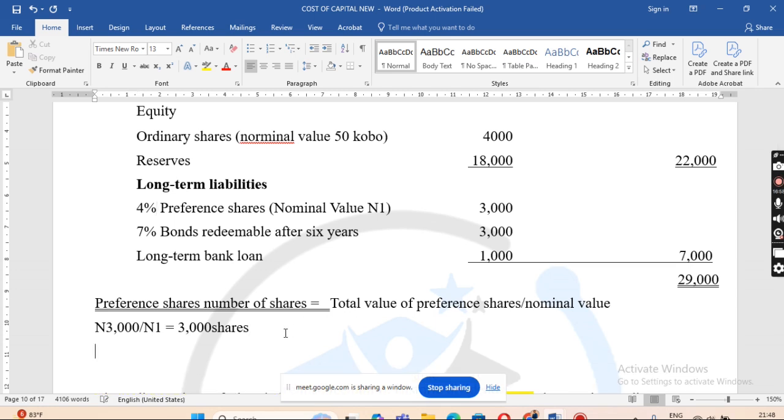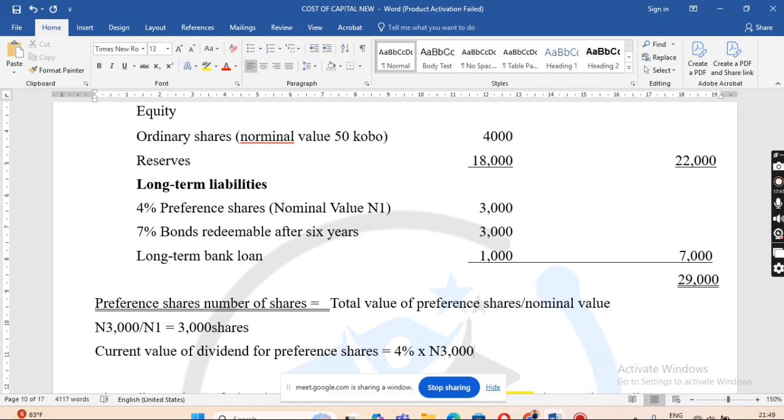You can say the current value of dividend for preference shares is equal to this. So you charge 4% of the 3,000 given to you in the question.